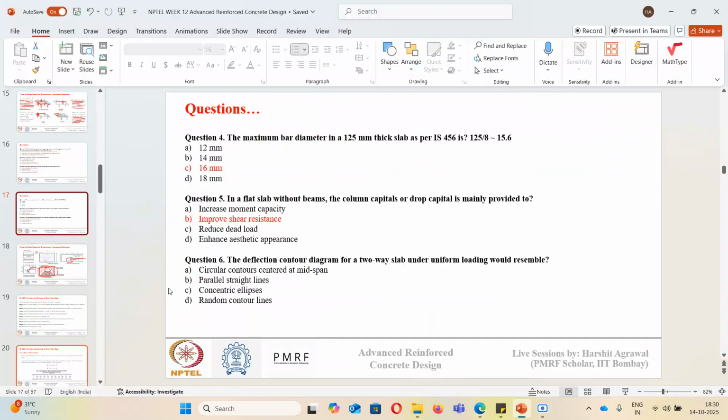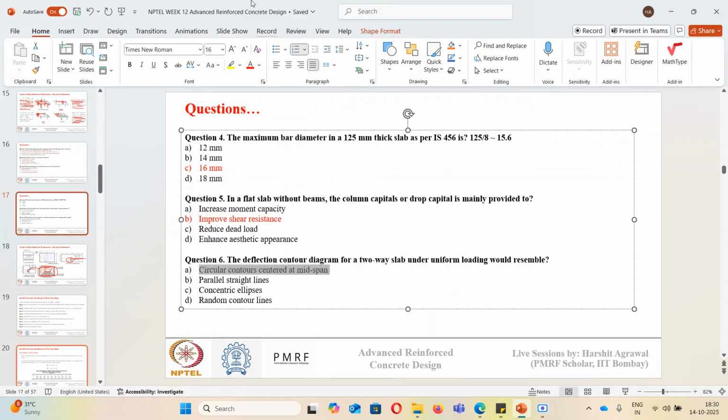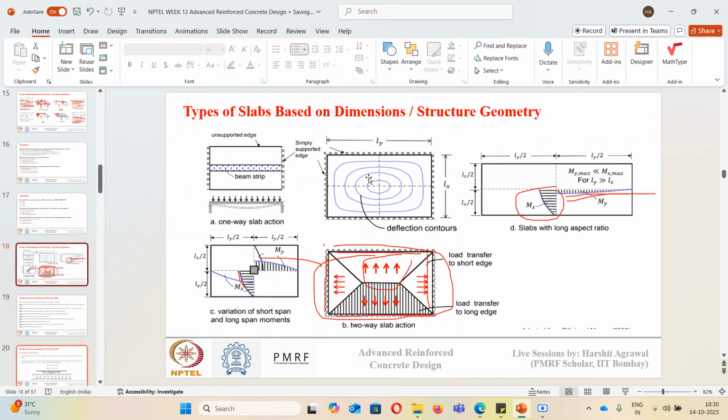Okay, so it can be circular contours or elliptical contours, both can be there, but they are centered at the mid span. This is the pattern of contour you will see. In a two-way slab, deflection is occurring in both x and y directions because load transfer is along all the edges, so it creates a bowl-like shape, with maximum deflection at the center and minimum deflection at the edges.